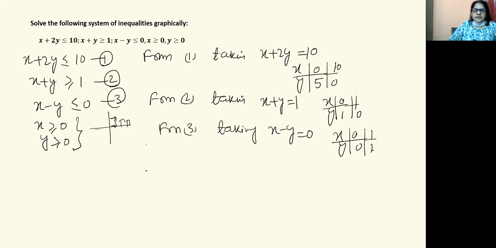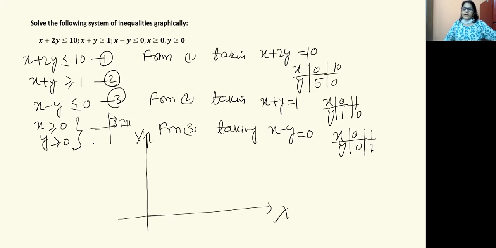Now we draw the x-axis and y-axis, and as we are given x greater than or equal to 0 and y greater than or equal to 0, our solution will be in the first quadrant. So we can take the values in the first quadrant only.